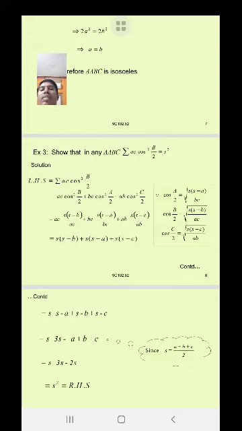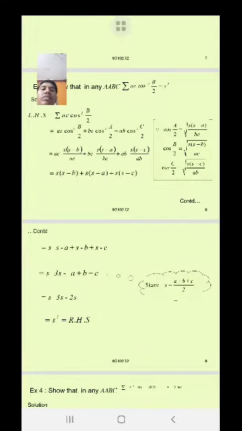So cos square B by 2 is replaced with s into s minus b by ac, plus the second term bc as it is, and cos square A by 2 is replaced with s into s minus a by bc, and the last term plus ab into cos square C by 2 is replaced with s into s minus c by ab. In each term numerator and denominator get cancelled and the remaining terms are s into s minus a plus s into s minus b plus s into s minus c.